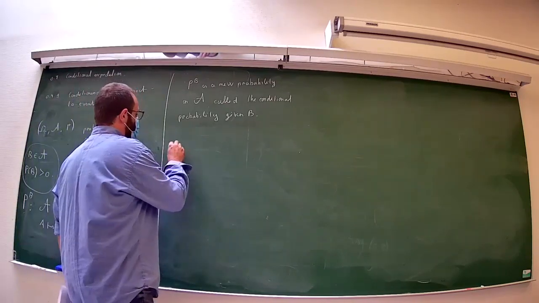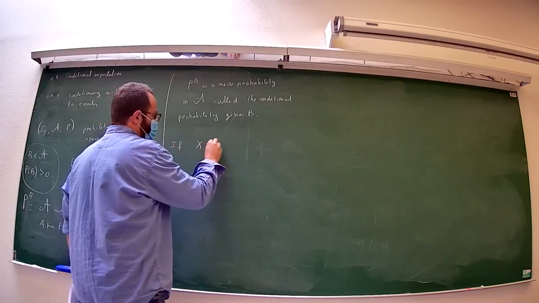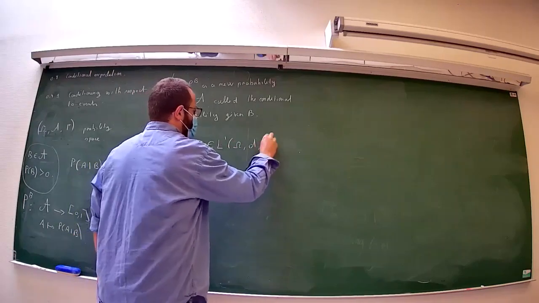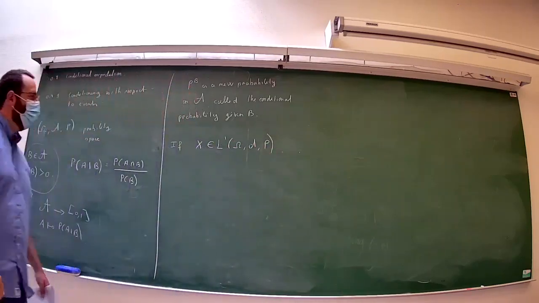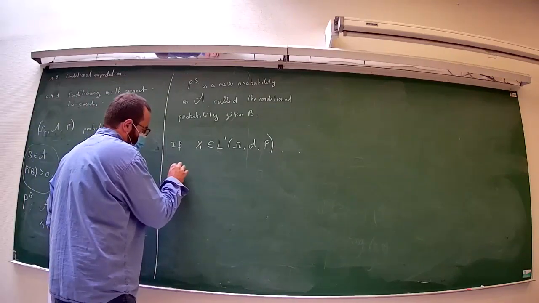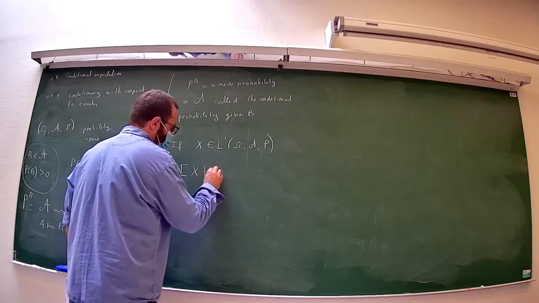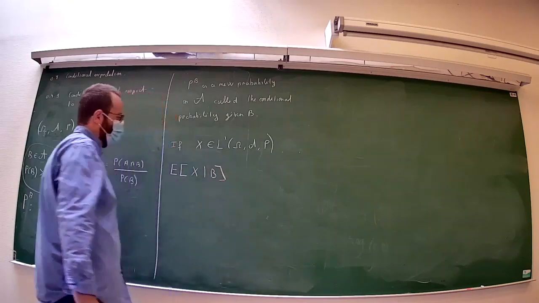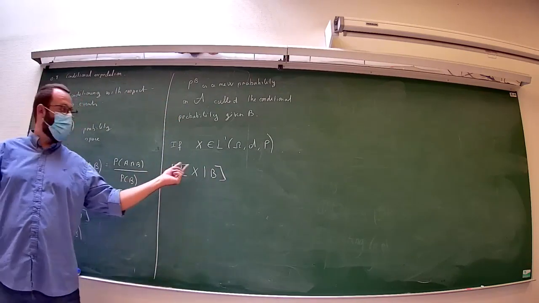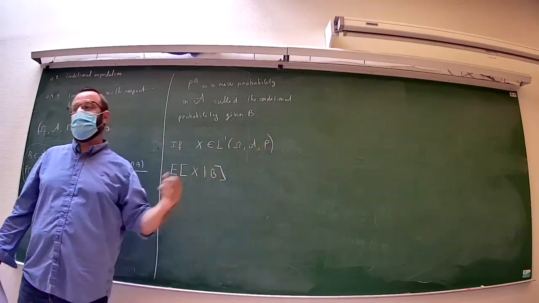If I suppose a random variable X belonging to L1 of omega, A, P, it is possible to define the expectation of X given B. A priori, the notion of expectation is related to the initial probability I have on my space.